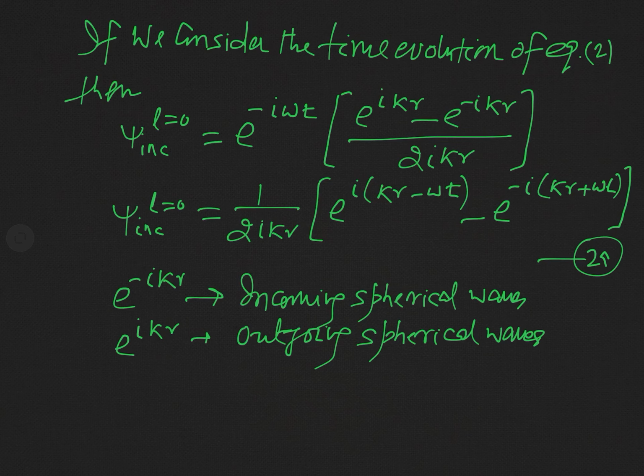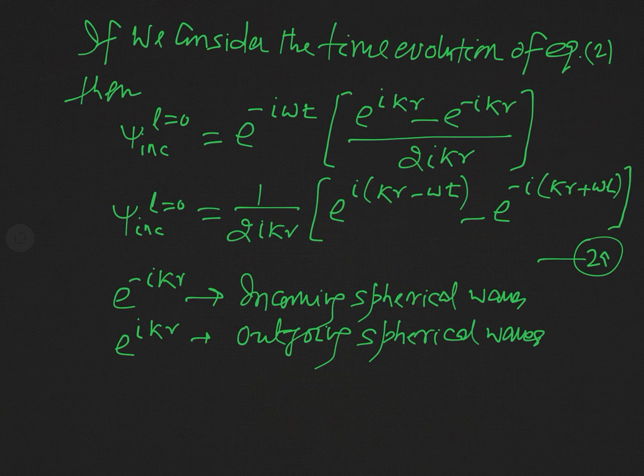You should remember, we have assumed earlier that the incident wave is plane, but here you can see the incoming wave is also spherical and the outgoing wave is also spherical. And in fact, one wave, that is the incoming wave, is radially incoming and the other is radially outgoing.